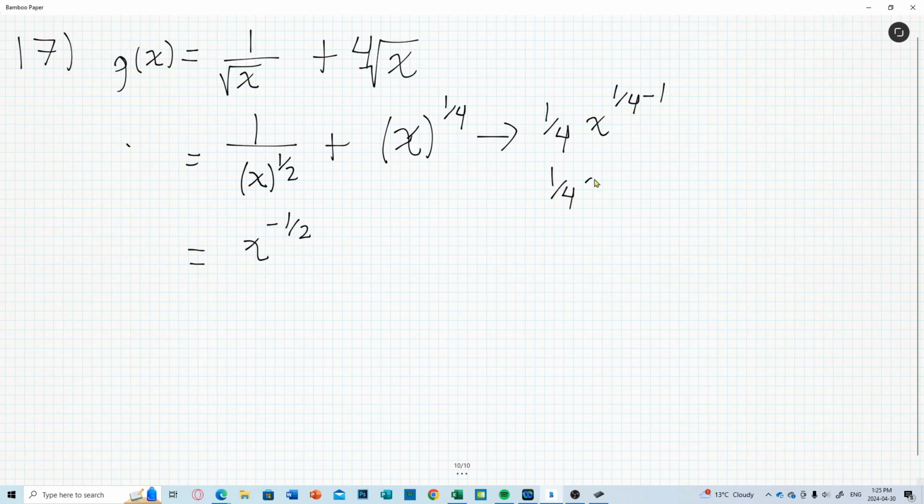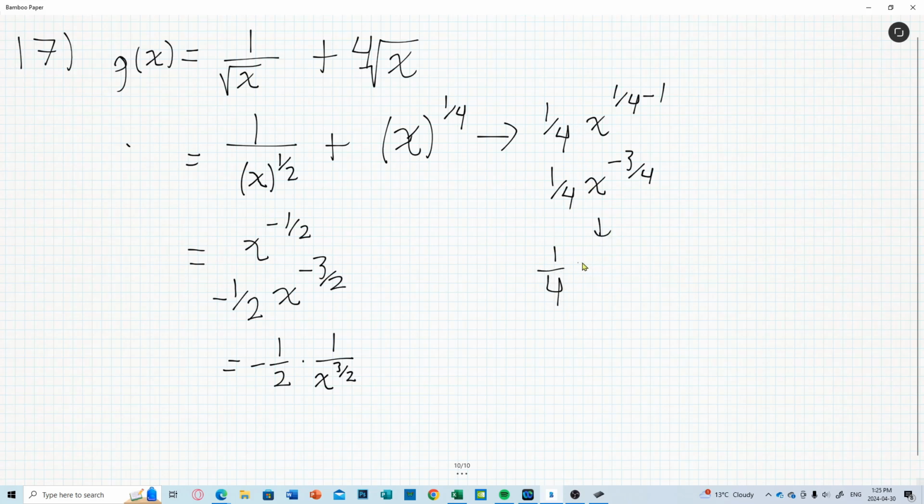This will become 1/4 x to negative 3 over 4, and this would become negative 1/2 x, gotta make sure to subtract it, negative 3 over 2, which just gives you bring out the negative 1/2, negative 1 over 2 multiplied by 1 over x to the 3/2, and this will become 1 over 4th multiplied by x.